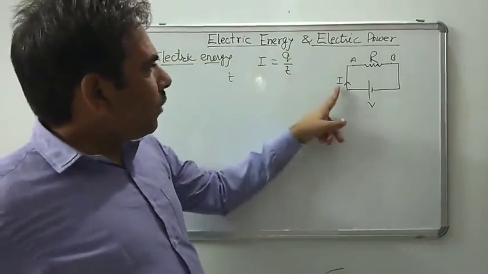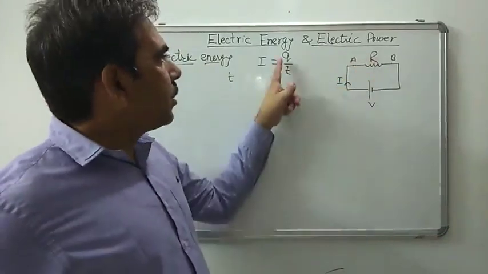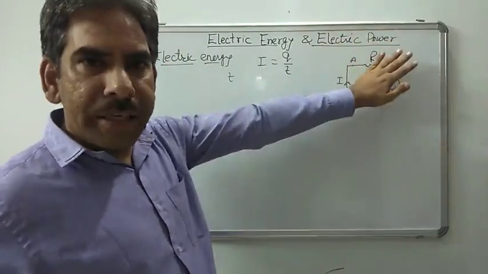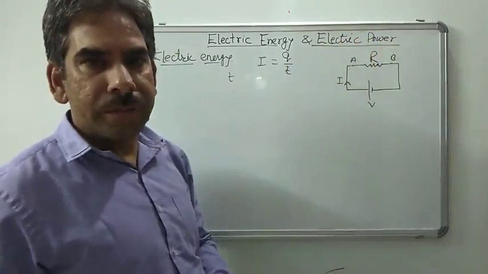And if I amount of current is maintained through this resistor, that means Q amount of charge is made to flow every time t through this circuit.